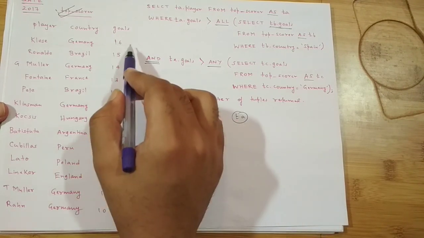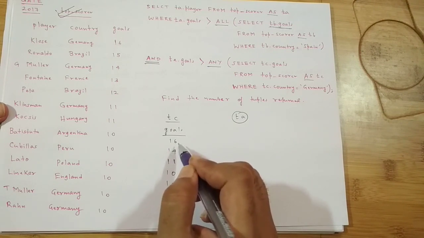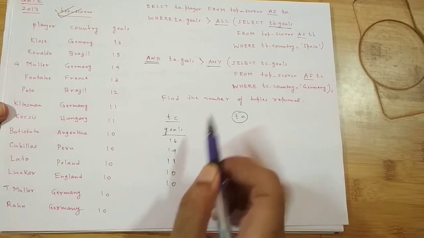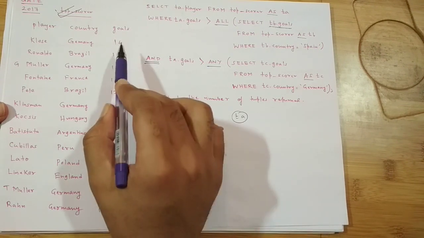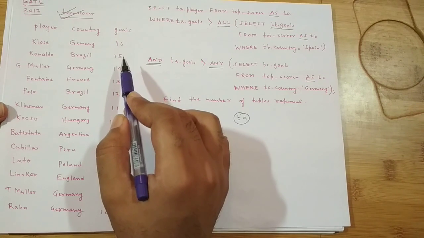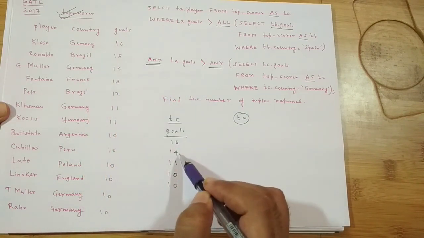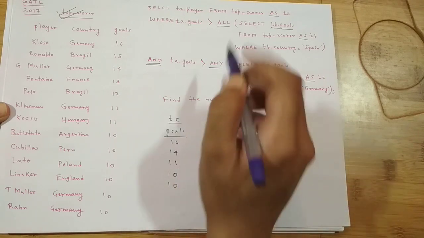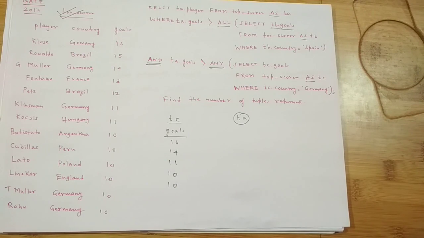That means I'll have to select all the players who have scored more goals than at least one of these values. At least one, why? Because here you have the any clause. That means it has to be greater than any one of the tuples, at least one of the tuples.